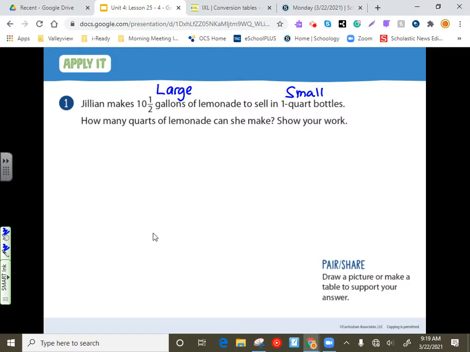And we know that 1 gallon equals 4 quarts. That just verified that the quarts is smaller because it takes 4 of those to make 1 gallon. So if we're doing large to small, we're going to multiply.